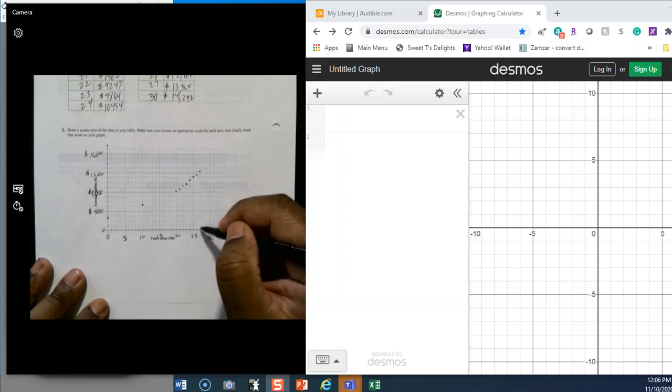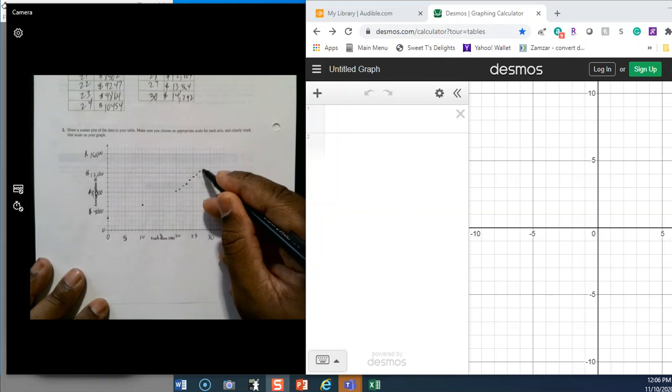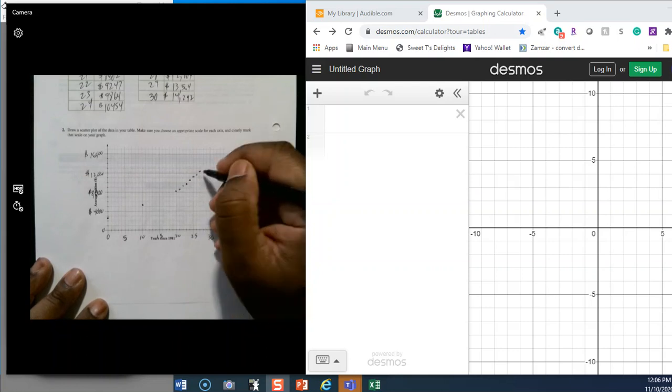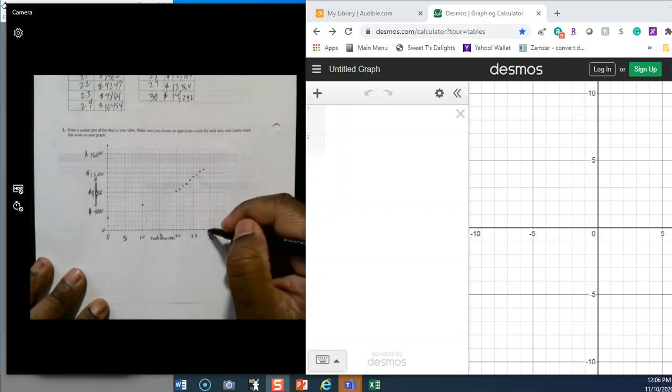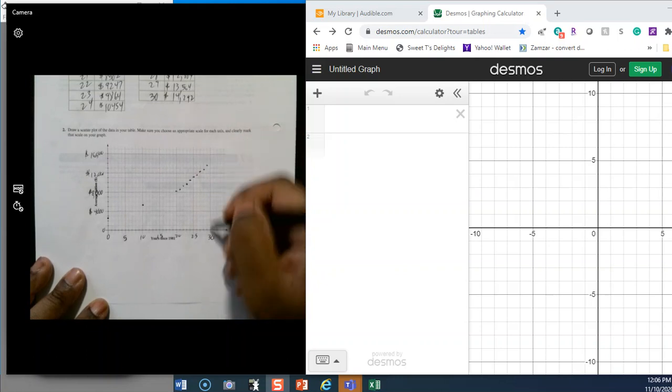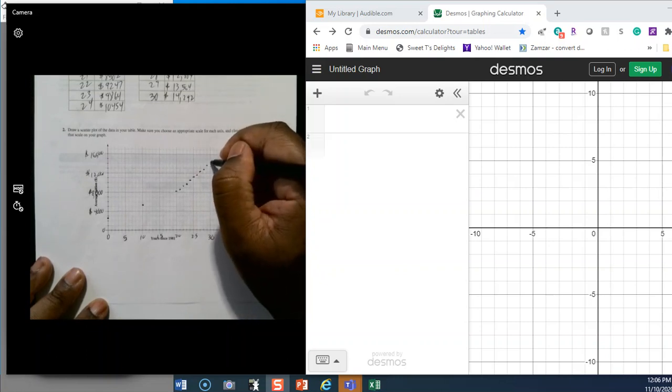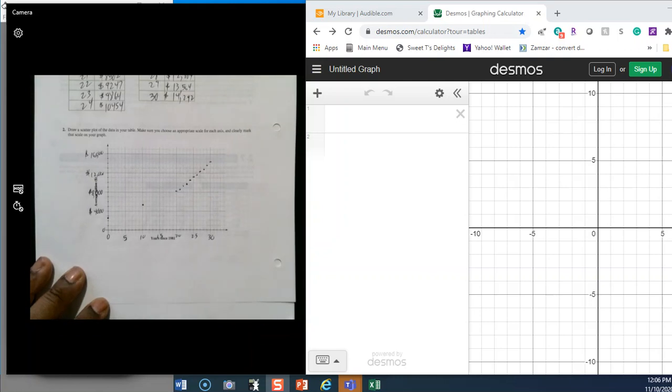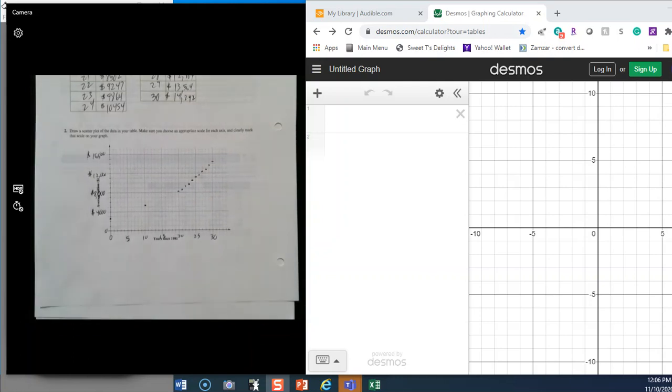Wait a minute, 26, 27. Okay, yeah, that was 27, close to half. 28 will be very close to 13,000. 29 will be a little bit above half, between 13 and 14,000. And then finally 30 will be close to the middle, between 14 and 15,000. So these are our points. All right, so now we move on to the next page.